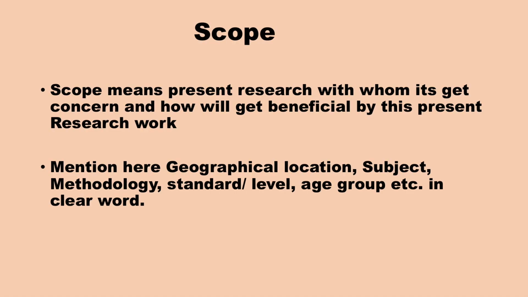Then the next one is scope. Scope means if there are some elements related to your research, you have to mention them. That means the proposed research must be related to learners of 9th standard, or teachers of the 9th standard, or the headmaster, that is the HM of the school, or the proposed research may be related to parents.